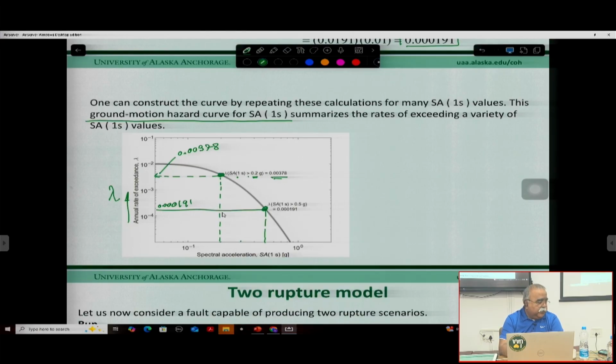So you need two things. One is a possible ground motion prediction model that you first need, from where you can calculate this mu value and also the sigma value, so that you can calculate that.